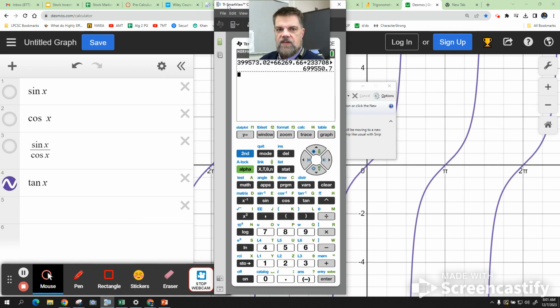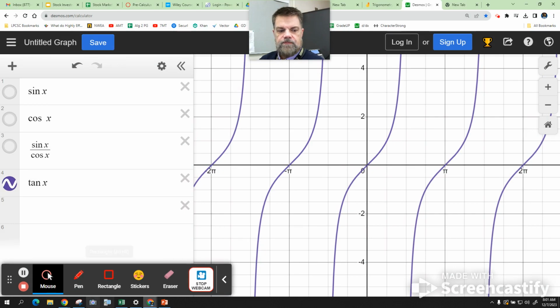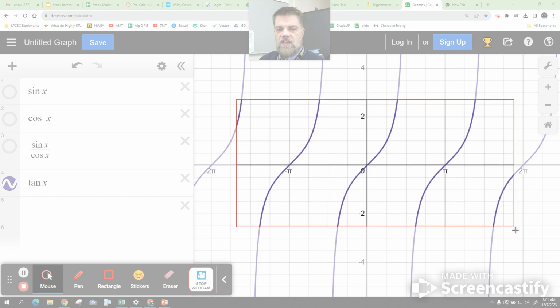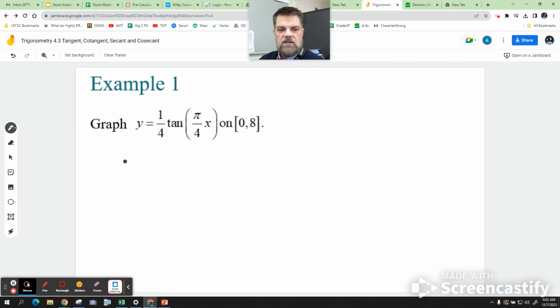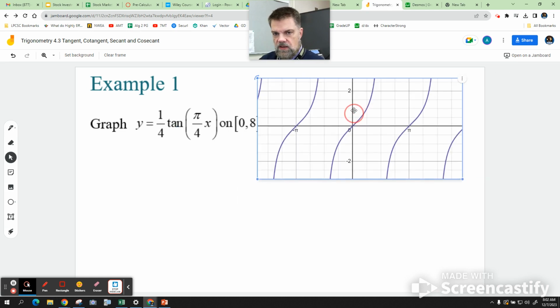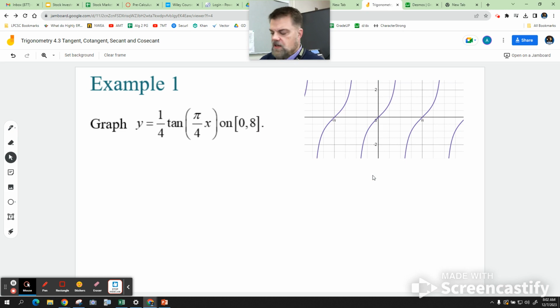I turned on my graphing calculator, but we were not going to use that one today. All right, so then tangent looks like this. Let's just keep that in mind. That's what tangent looks like, right? So let me label this so we know. This is what regular tangent looks like.